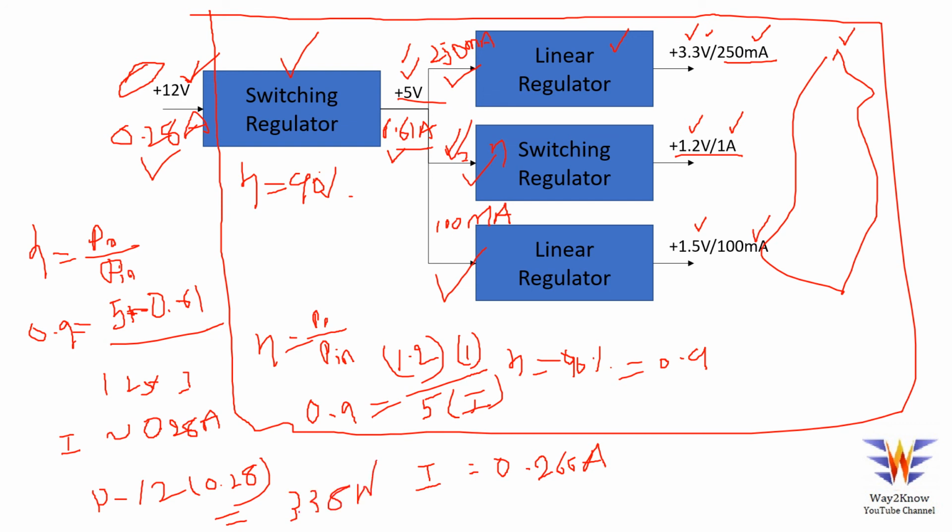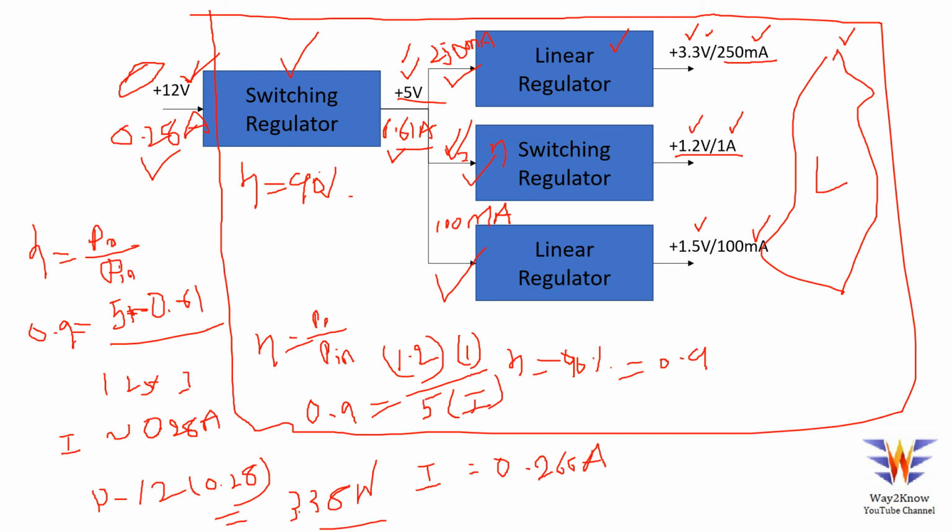So that means for this entire load, whatever the circuitry, whether it be a microcontroller, whether it be some RS-232 transceiver, EPROMs, or a processor, whatever may be the load, if these are the consumptions from the regulators, the total power in this scenario required is 3.38 watt. I hope it is clear.